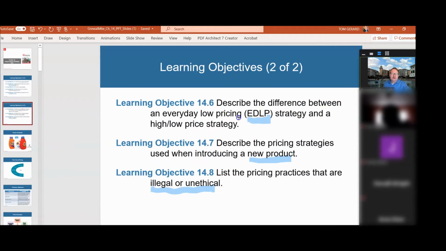The difference between everyday low price and high-low pricing, describing the pricing strategies of introducing a new product, and illegal or unethical pricing. A lot of information.